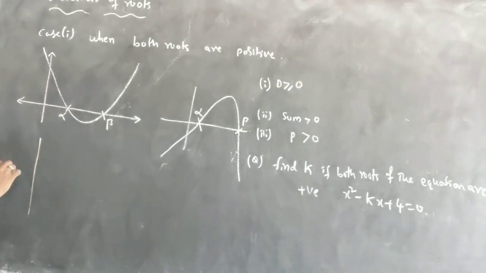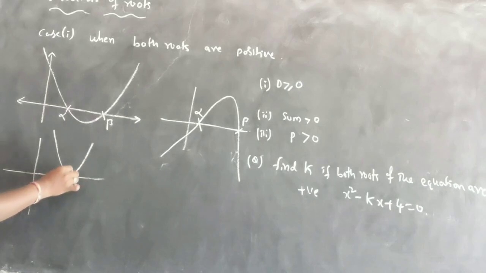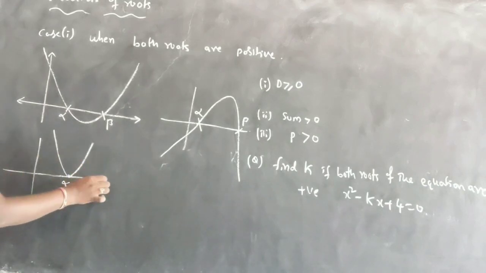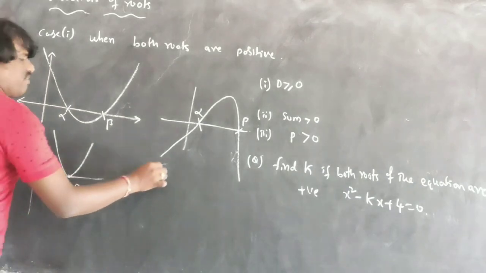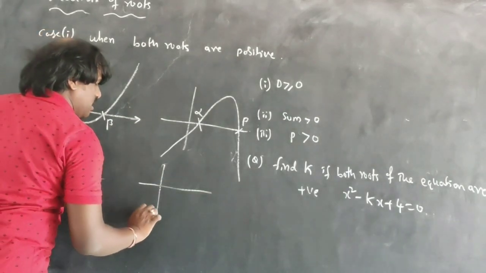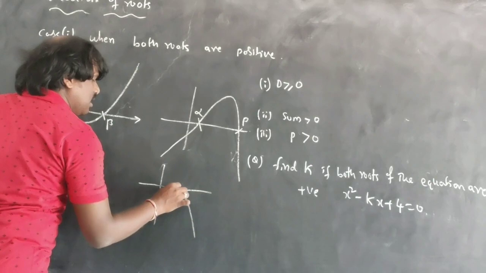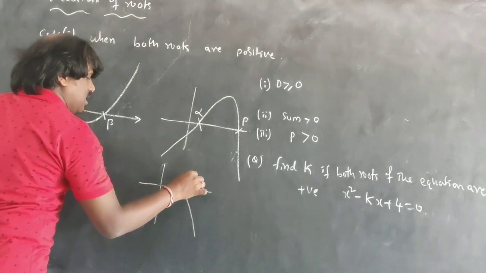Another case is where the curve touches the x-axis and goes back, where alpha is equal to beta, and the root is positive, anywhere on the right side. In the same way you can get a downward parabola that touches the x-axis, and alpha and beta are the roots.